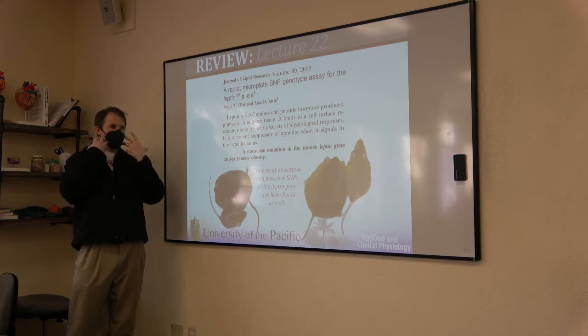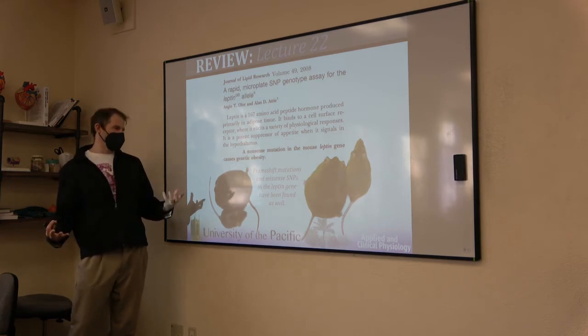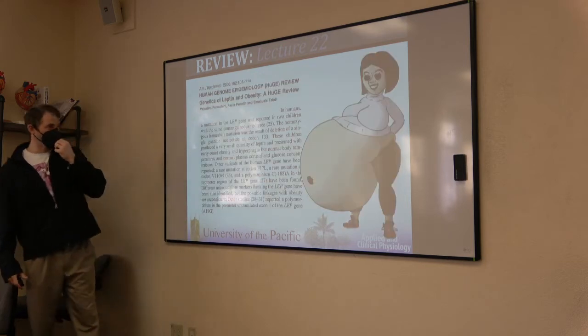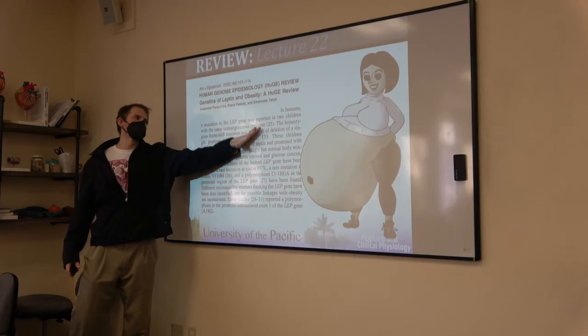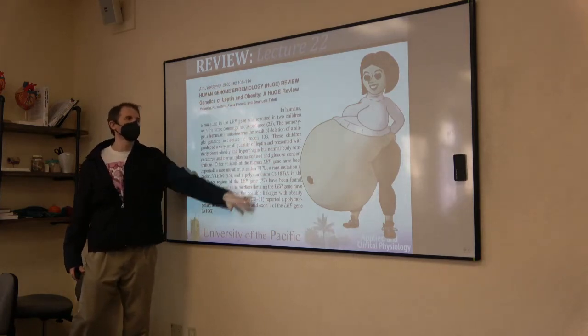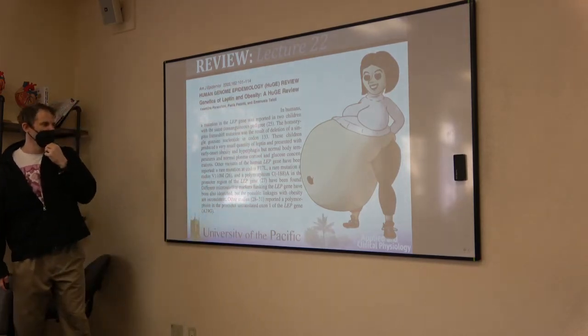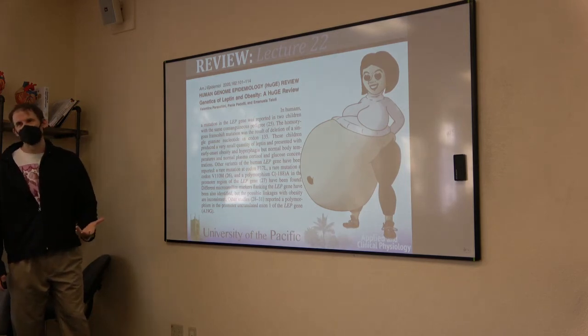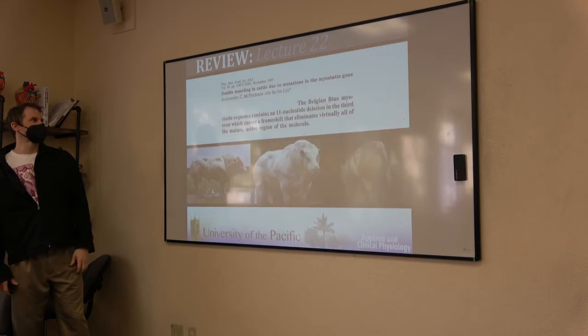My cheeks are so fat, I can't even get food in my mouth anymore. And you're still trying to get it in there, right? This appetite just doesn't leave you. And so there's a bunch of different versions of leptin gene mutations, but they all end with excess adiposity and a bottomless appetite.